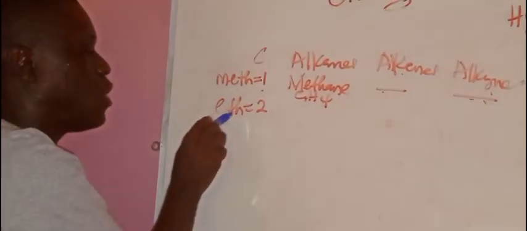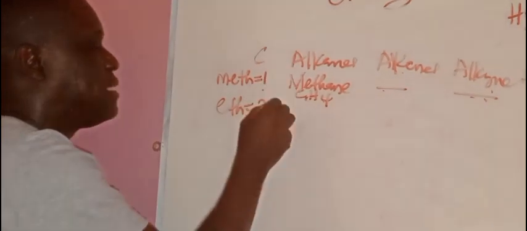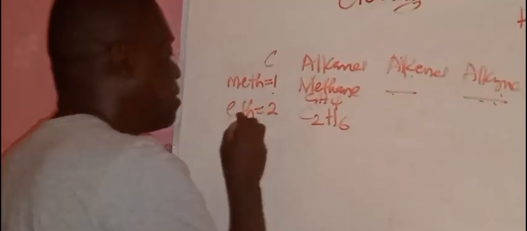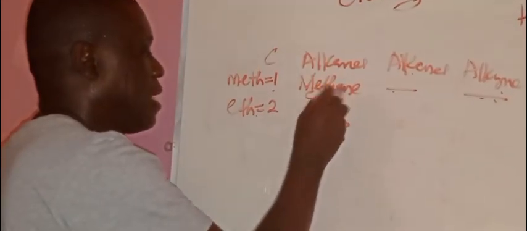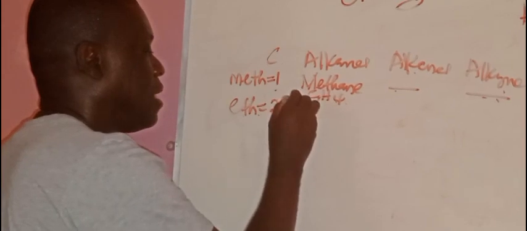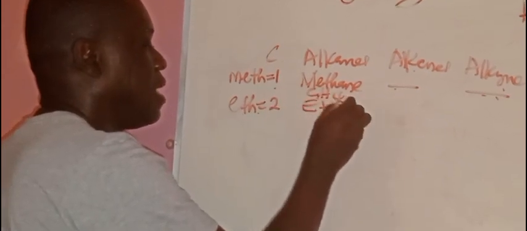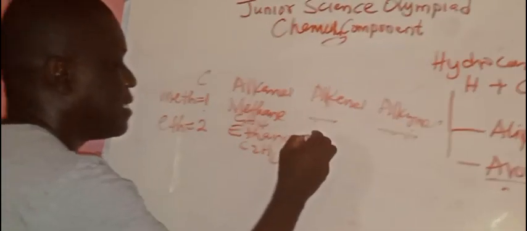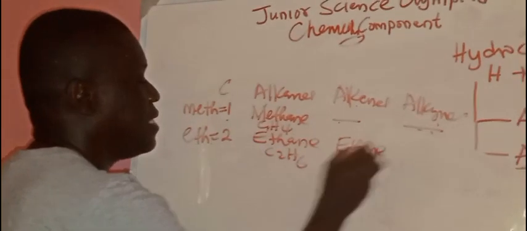Now, alkenes and alkynes do not have methane. But this one, eth means 2. So we have ethane, that is C2. You use that formula. 2 times 2, 4, plus 2, 6. That's ethane, C2H6.